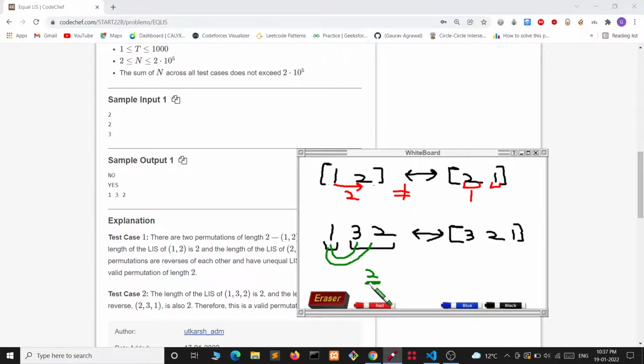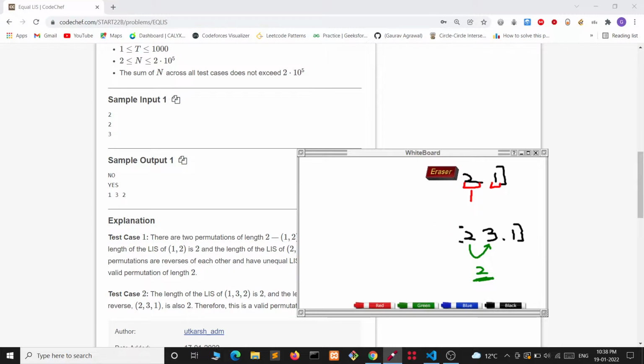In its reverse, which is 2, 3, 1, we can also pair the 2 with the 3, so we get 2, 3. So here also we get a longest increasing subsequence length of 2. So we have to form a permutation like this.